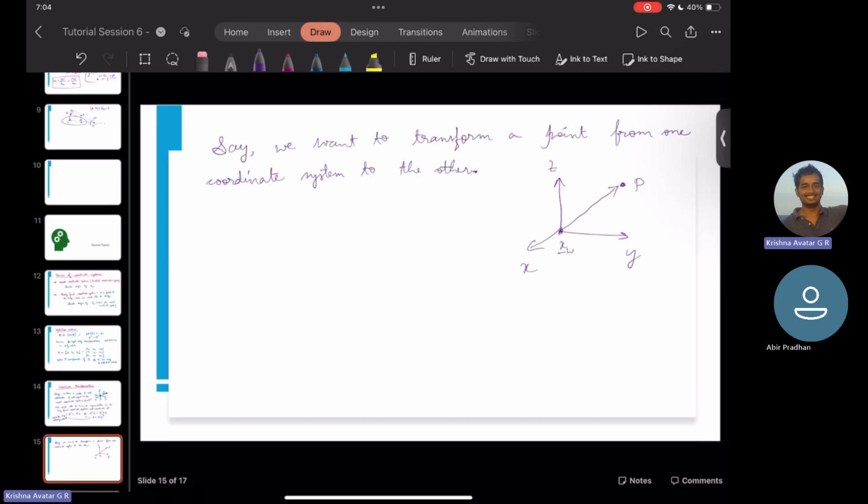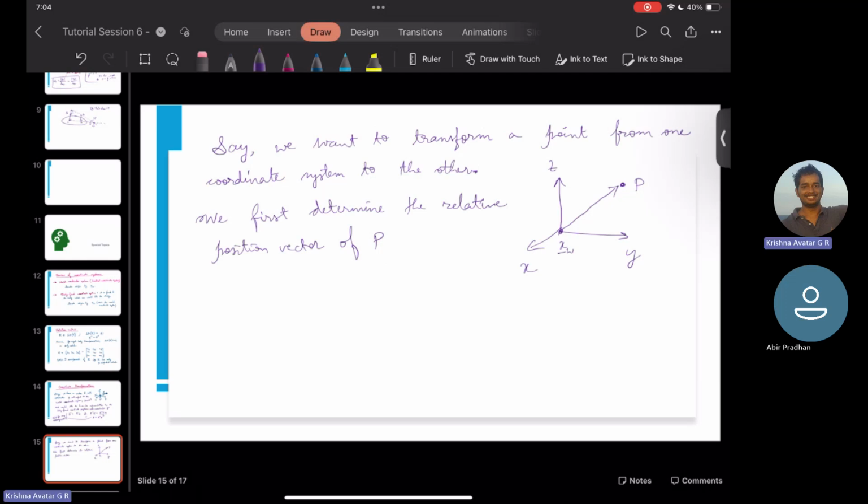So in that case, we first determine the relative position vector of P with respect to the origin.